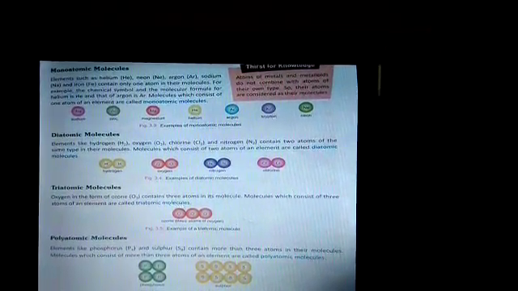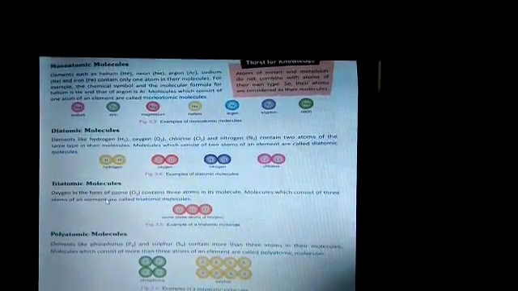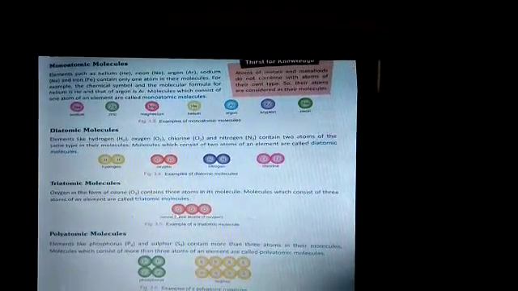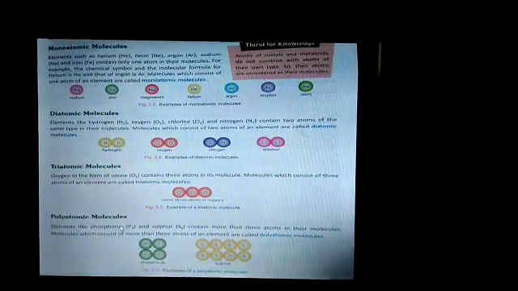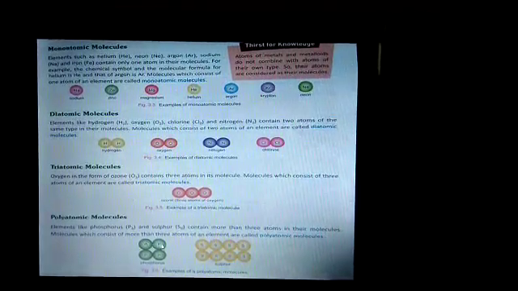The next is triatomic molecules. In triatomic molecules, the molecule consists of 3 atoms of the same element. An example is ozone. Ozone is composed of 3 atoms of oxygen and its molecular formula is O3. And the last one is polyatomic molecules. Polyatomic means the molecules contain more than 3 atoms.